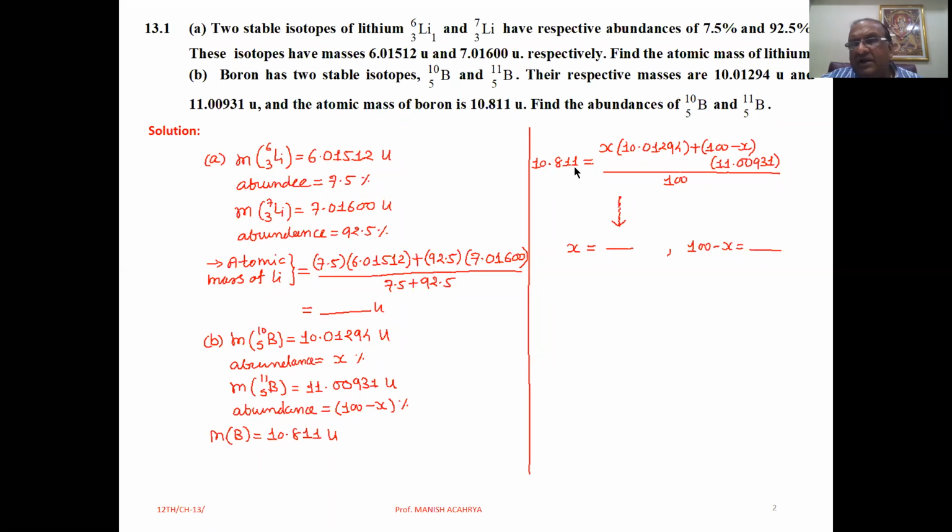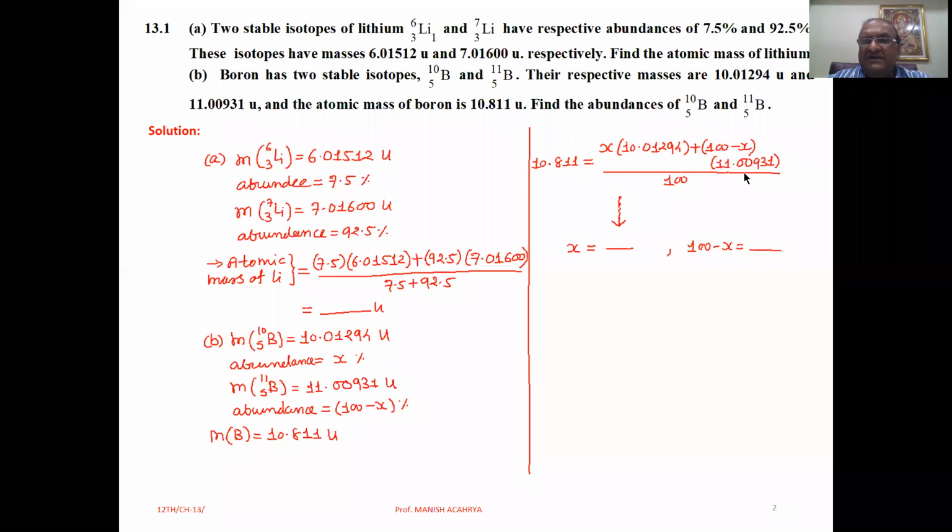So 10.811 U, that is equal to X percentage abundance of 5B10. So X into 10.01294 plus 100 minus X percentage, that is of 5B11.